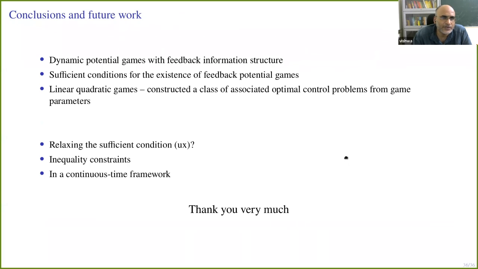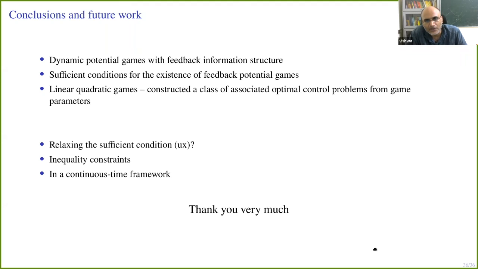So, the conclusions. We looked at dynamic potential games with feedback information structure, which is not well studied in the literature. We provided sufficient conditions for the existence of feedback potential games, and for linear quadratic games, we could get sharper results.